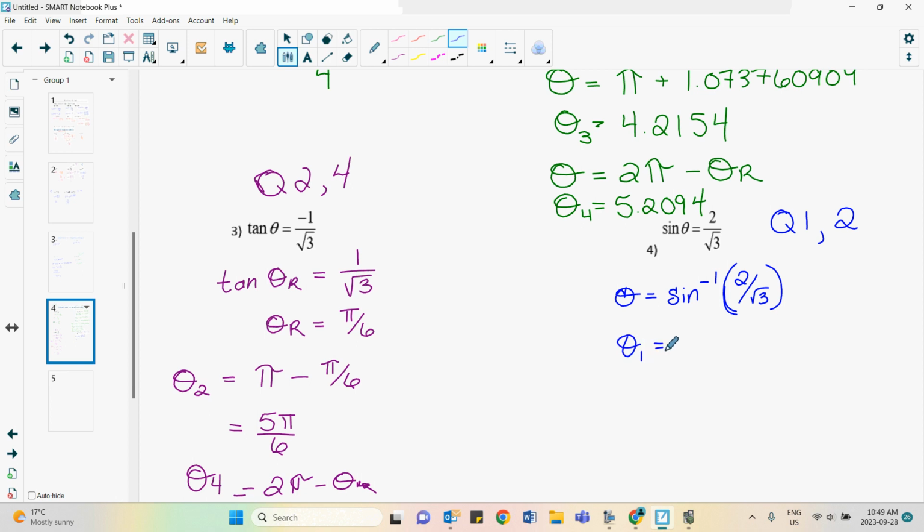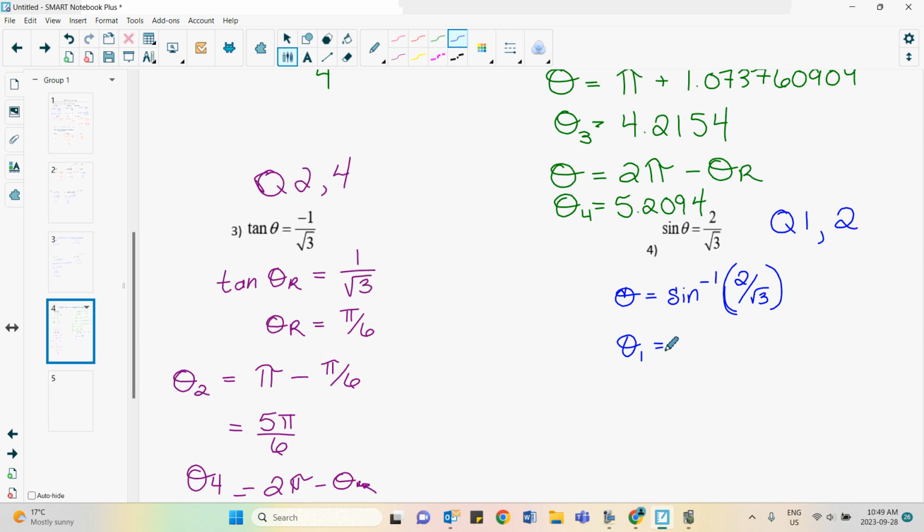I get error. Me too. Same. How come? So this, what's 2 over root 3 in your calculator? Can you guys do that? 2 divided by root 3.